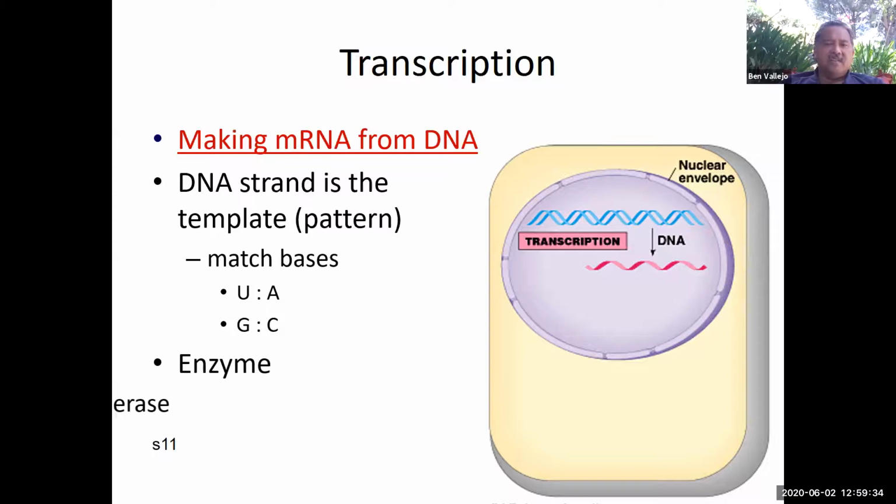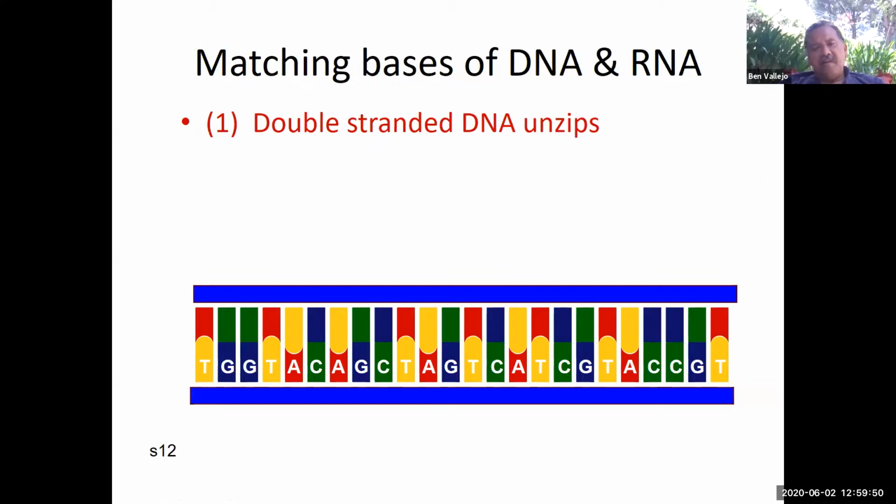This happens because of an enzyme called RNA polymerase. And if we look at it, remember ASE means it's an enzyme. It's going to make a large molecule or polymer, and that large molecule is called RNA. So this makes sense: RNA polymerase. RNA polymerase is the enzyme that is involved in transcription.